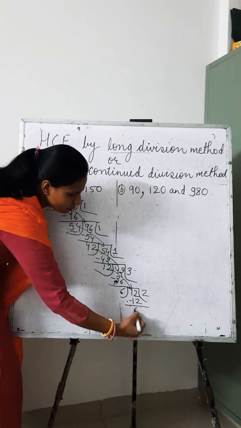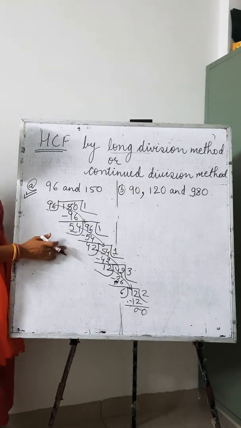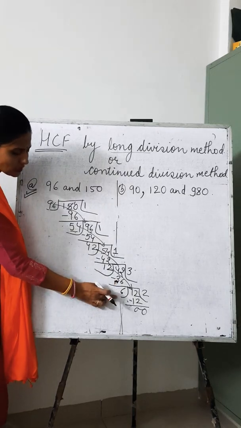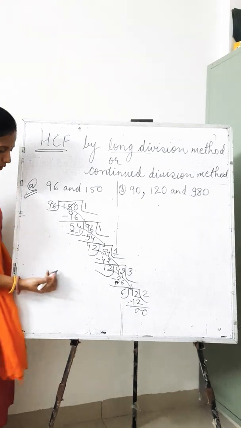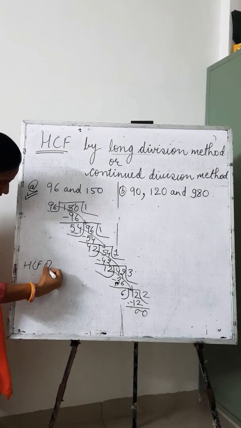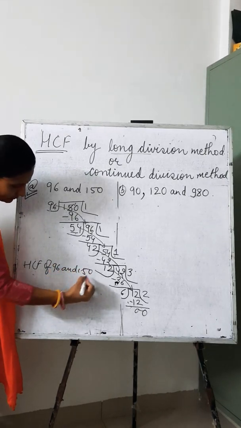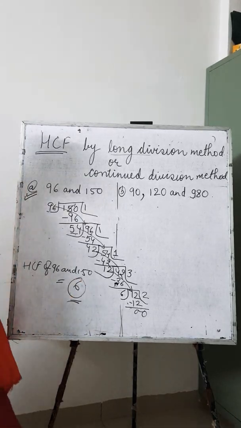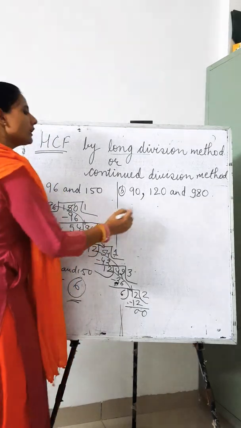It says that you have to continue your division process until you get the smallest number by which you will get the remainder as 0. So here I got the HCF of 96 and 150 will be 6.